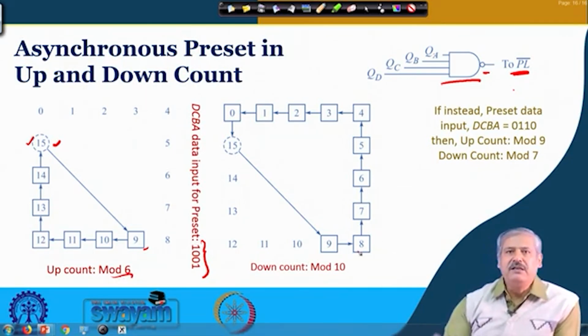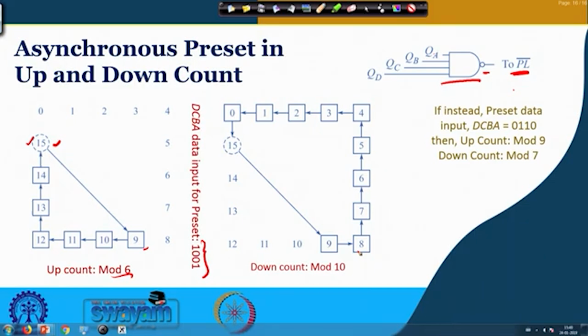And had it been a down counter, if you had exchanged the role of the clocks, so that the countdown clock is active and the count up clock is held at logic high, then what would have happened? Okay. After 15, 9 is loaded immediately, so 15 and 9 are together. Then 9, 8, 7, 6, 5, 4, 3, 2, 1, 0.